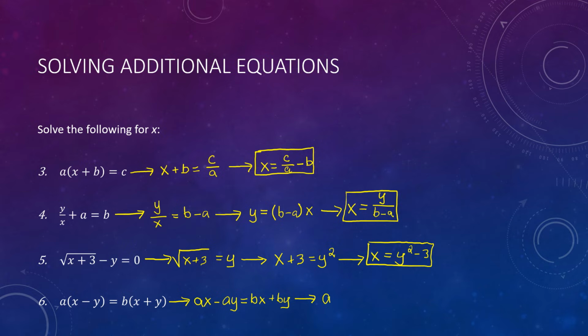This will leave us with ax minus bx equal to ay plus by. Okay, so I've just moved 2 terms. Now you can see that we have all x terms on one side, all y terms on the other.